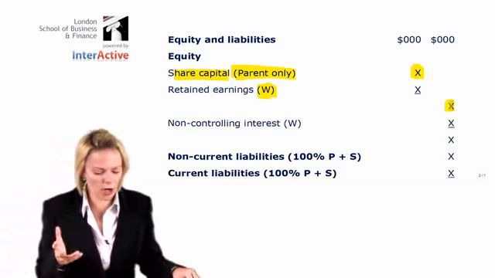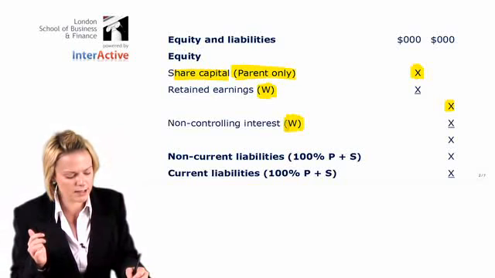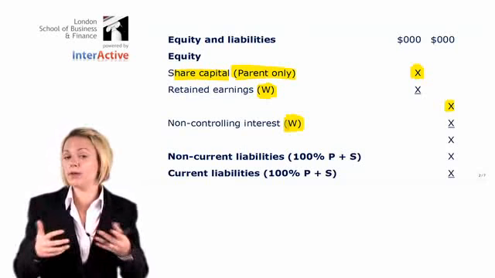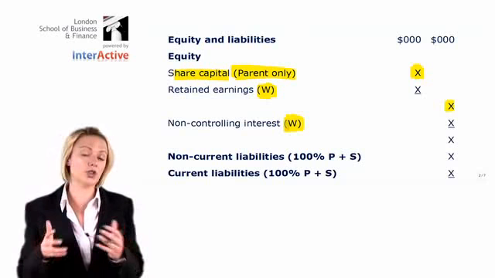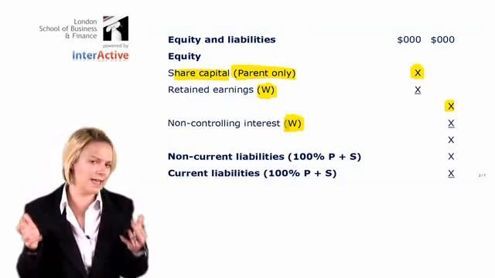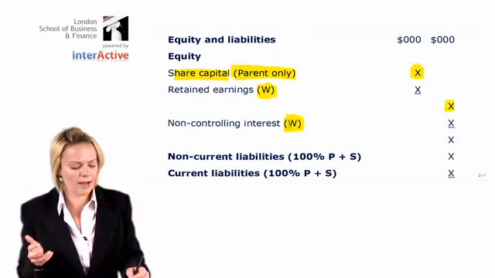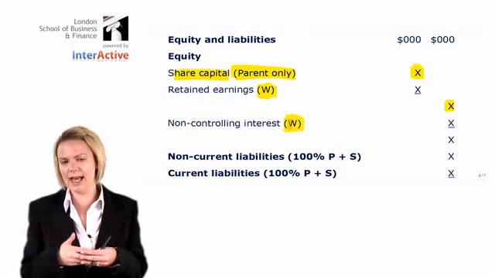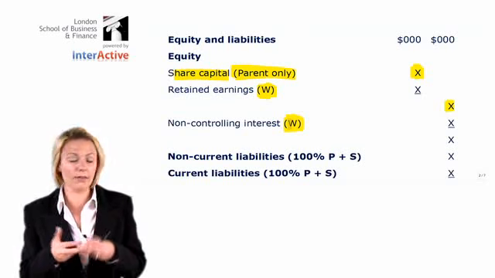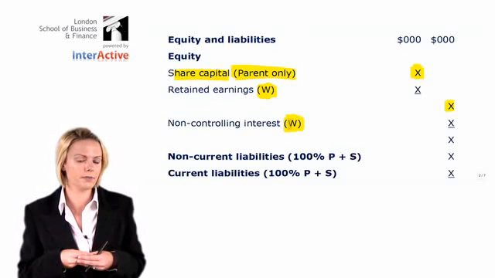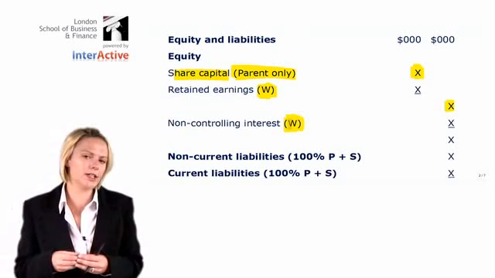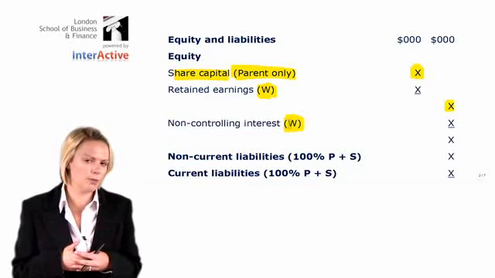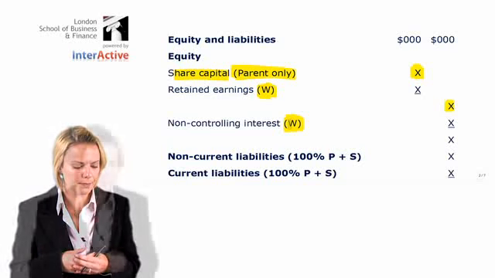We then have to show the non-controlling interest, the proportion of the group that we don't own. In other words, 20% of the subsidiary, let's say. We have to give them their share of the equity in the subsidiary and reflect that in the group accounts. We'll see that working later on as well when we do it as a numerical example.